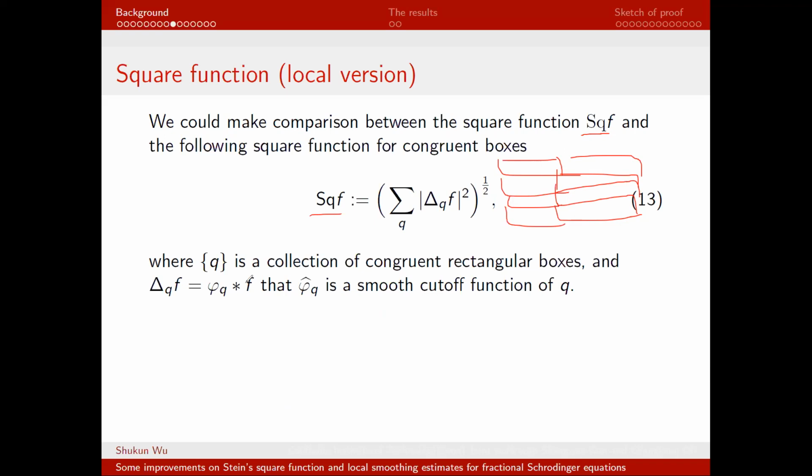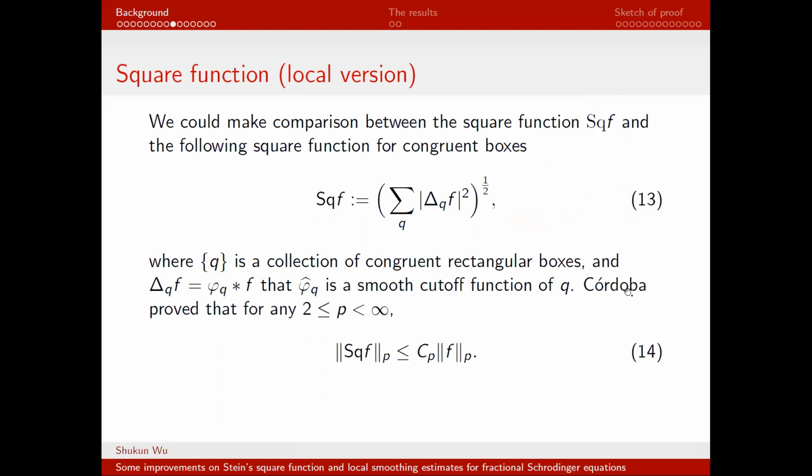And phi Q is just a smooth function on Q, phi Q hat. These two square functions are quite similar, except that this one is supported in a neighborhood of a geometric object with positive curvature, but this other square function is supported in the neighborhood of a plane, so there's no curvature on the plane.